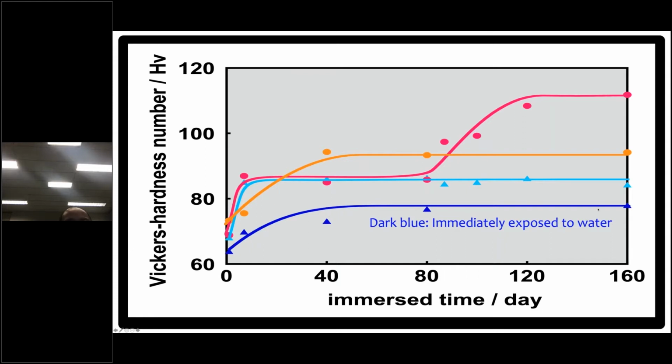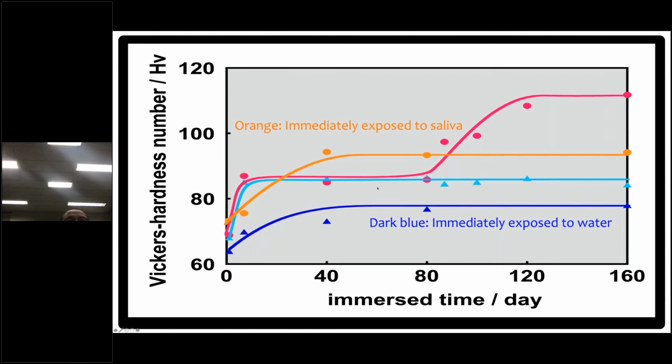Then it matured enough and reached its potential, plateauing out. Now, if you put in a glass ionomer cement with no protection, immediately into saliva, this is a comparison between the blue line and the orange line. You will see the same phenomenon, except at this point, the surface hardness after 80 days is almost double.